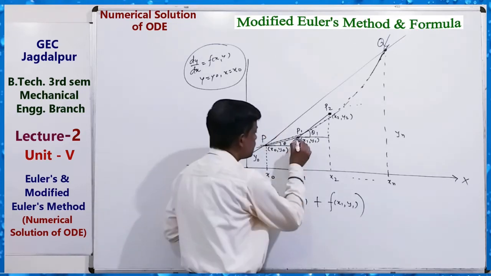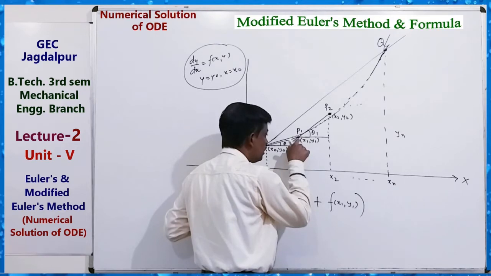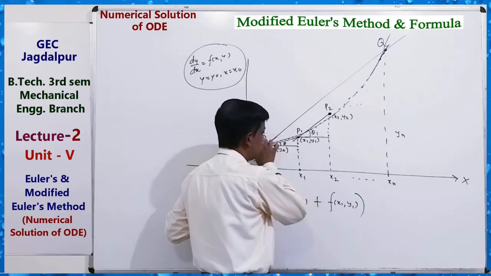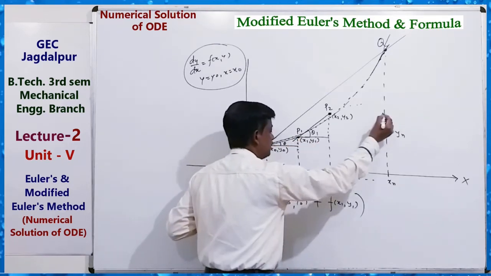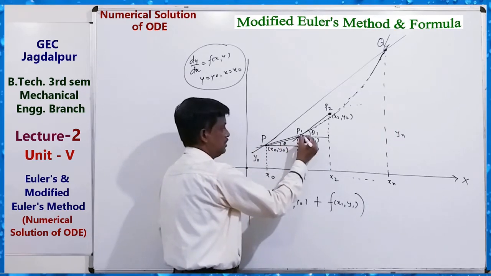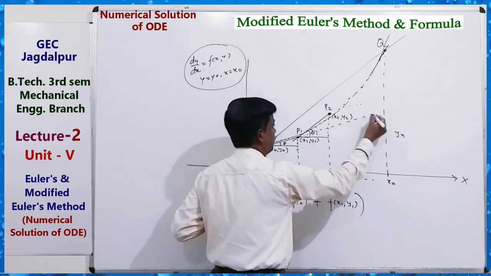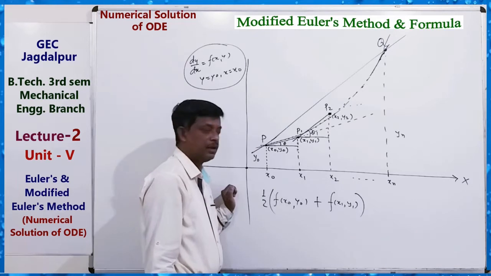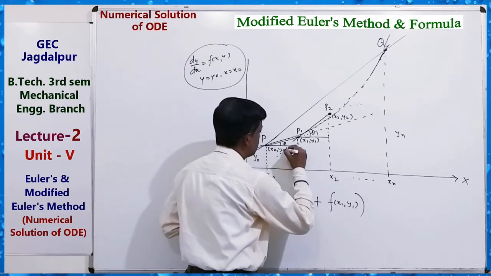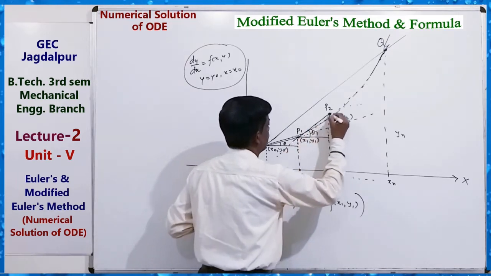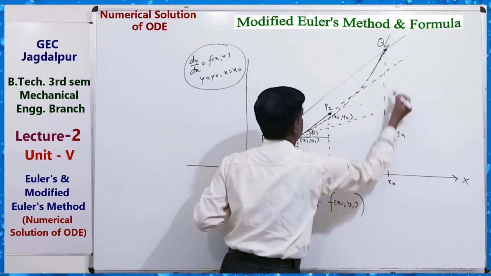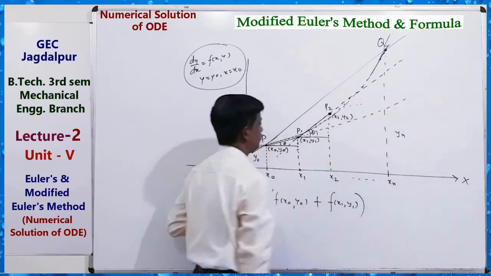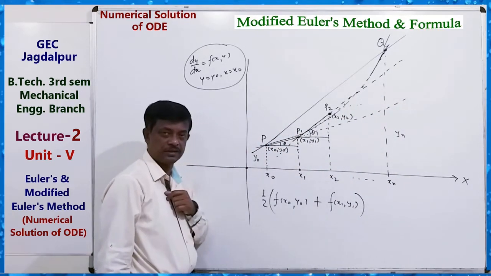Suppose at this point, this is a tangent, and here this is a tangent.